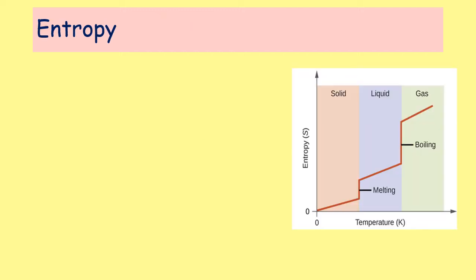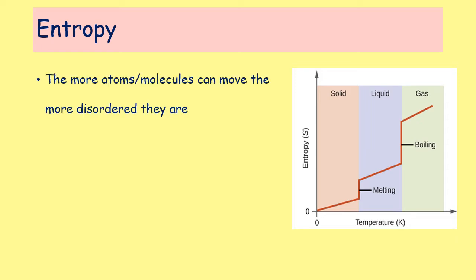Now, going into a little bit more explanation of entropy and why entropy is called disorder. What we mean by a disordered chemical or disordered system is one in which the molecules or atoms are free to move about and change position with one another.